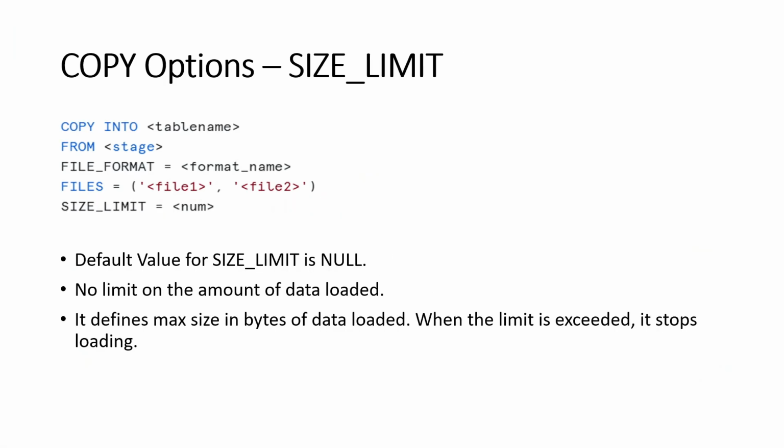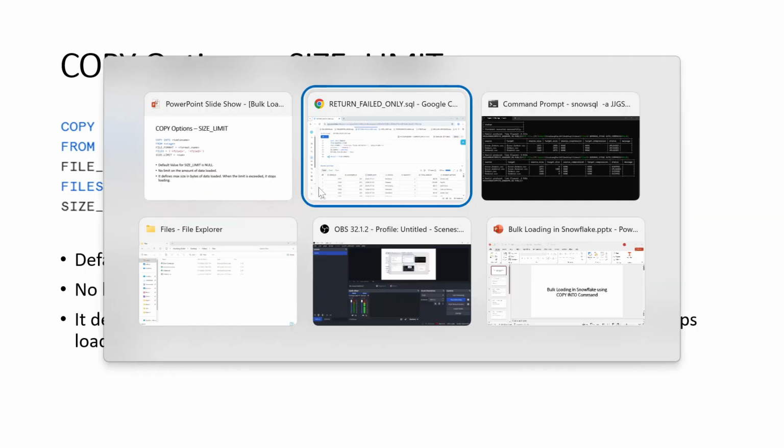Now next is size limit. It defines the maximum size in bytes of data to be loaded. When the limit is exceeded, it stops loading, and by default there is no limit on the amount of data to be loaded. Let's see this in action.